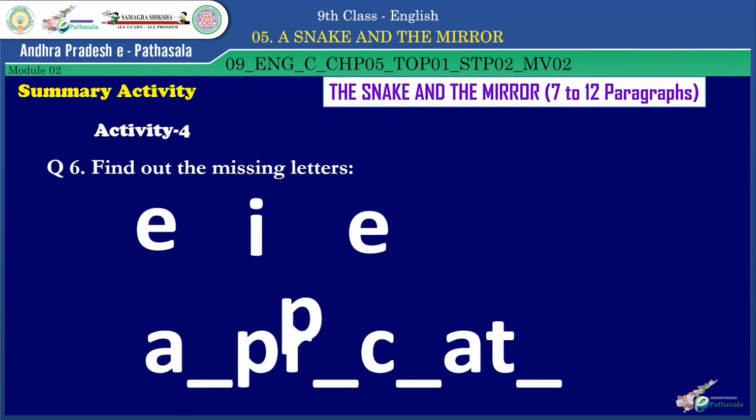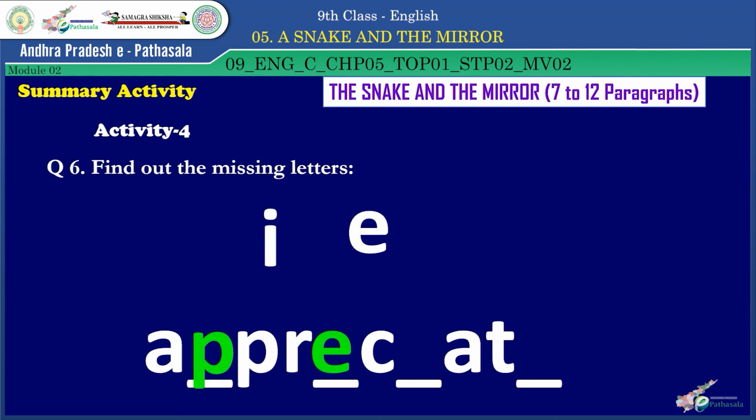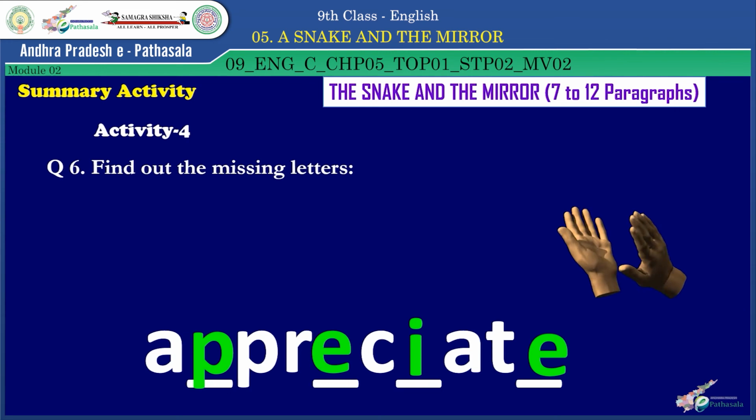You're right, children. P is the right one. A-P-P. Next letter A-P-P-R. E is the right one. A-P-P-R-E-C-I is the next letter to be joined. A-P-P-R-E-C-I-A-T. E is the last one. Yeah, children, this is the way we play this missing letters game.